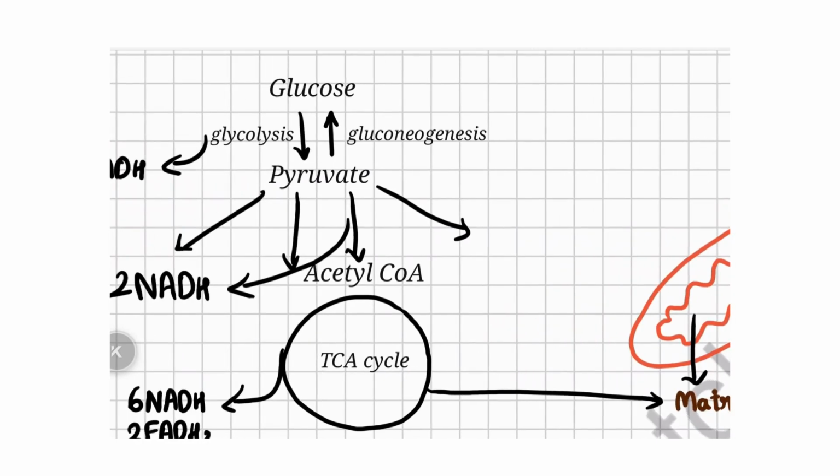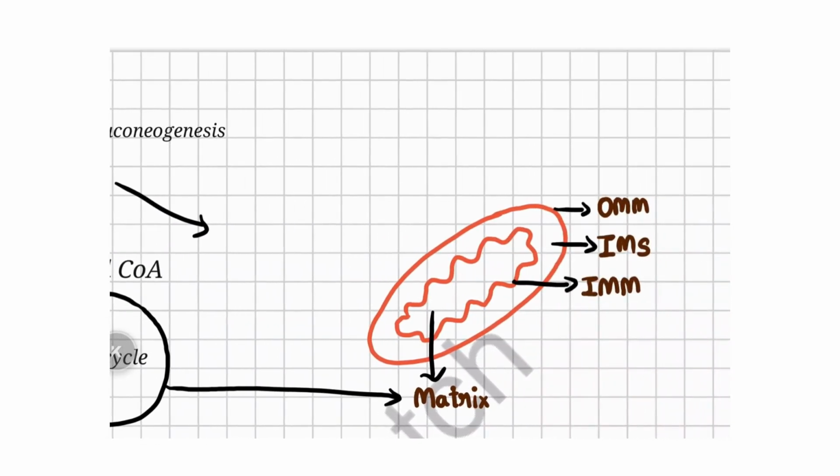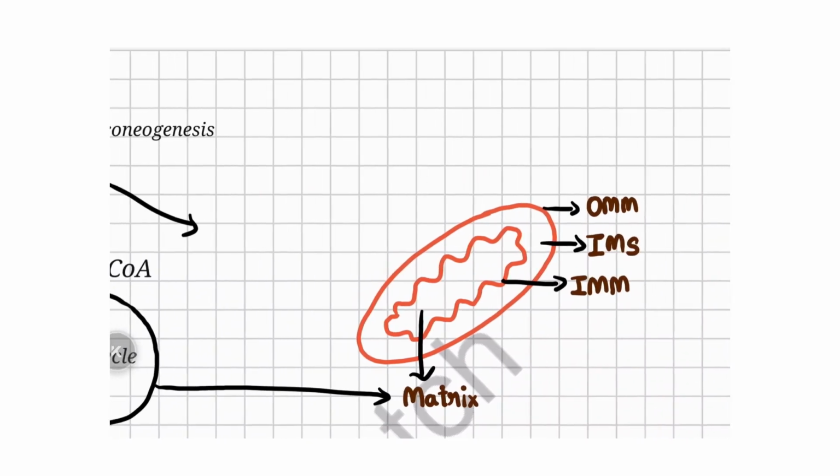Now, I did tell you that the TCA cycle occurs in the mitochondria, but where exactly? Now, the mitochondria has an outer mitochondrial membrane, the inner mitochondrial membrane, and between the two membranes, the space between is actually called the intermembrane space.